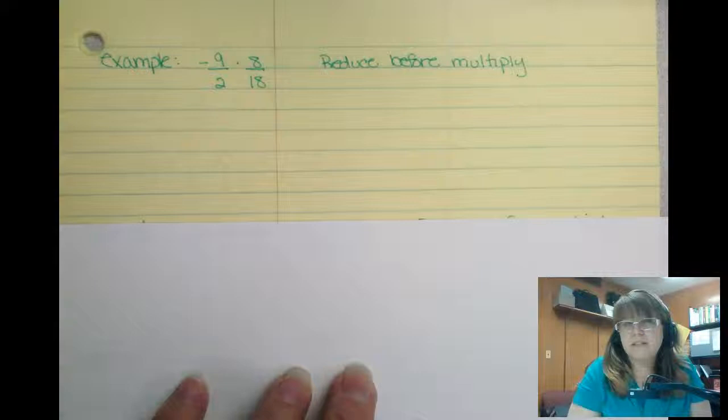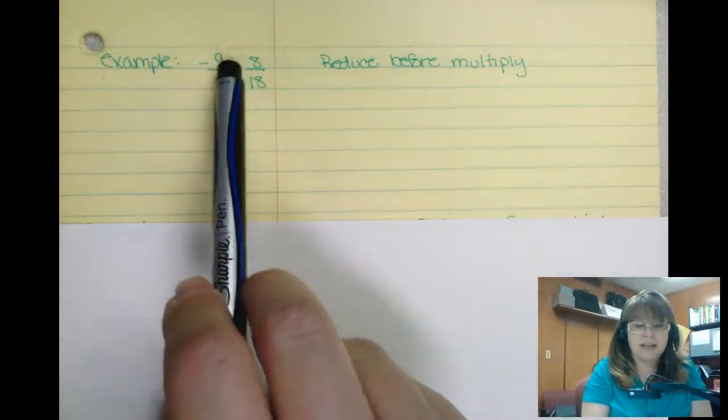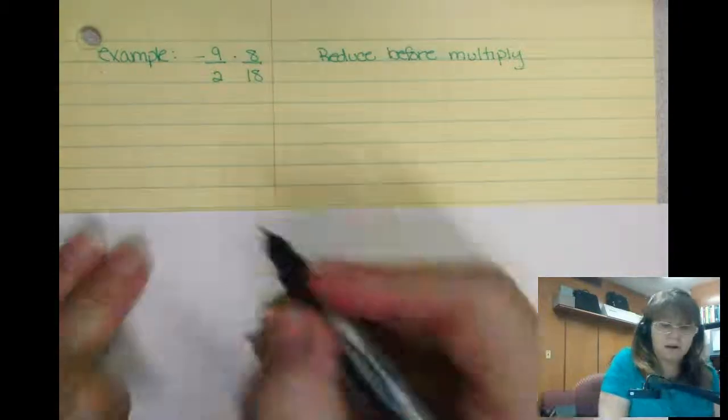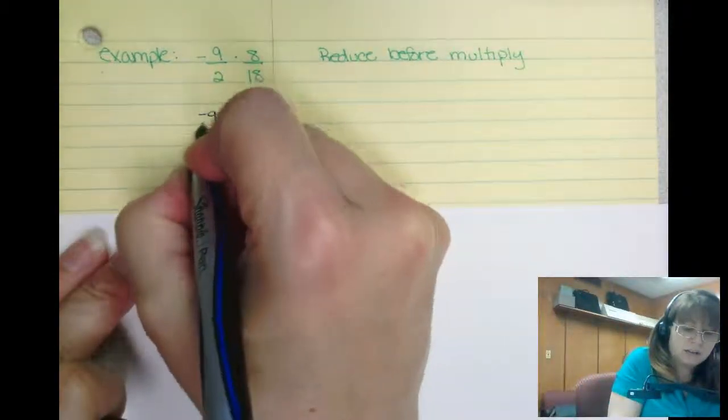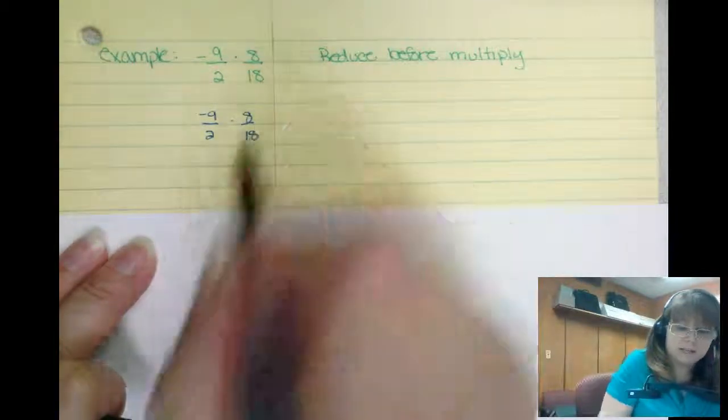Now you don't have to wait until the very end to reduce or simplify your fractions. For example, -9/2 times 8 over 18. I'm going to reduce before I multiply. So -9 over 2 times 8 over 18.